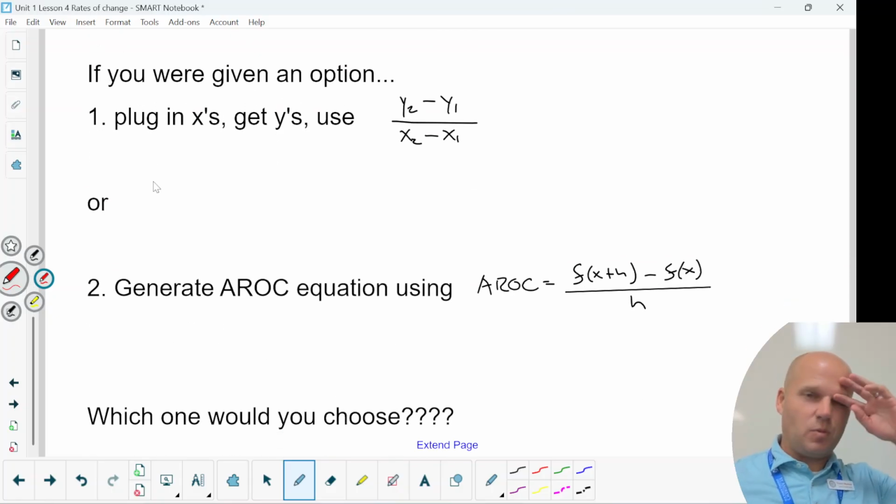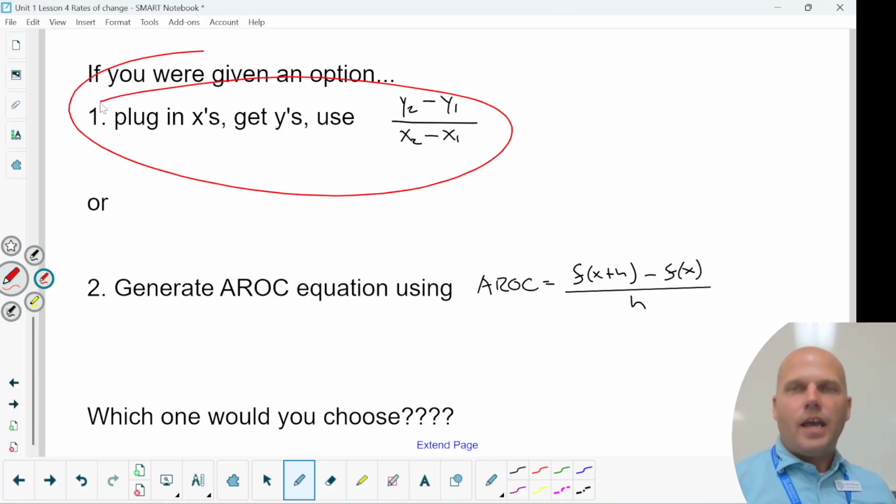If you were given an option to plug in x's and use your equation, or create a rate of change equation, which one would you choose? Ask everybody, and I hope you would say the first. And I would agree with you 1000% that sometimes getting a rate of change equation is not very helpful. It's cool, it's neat, but it seems like a lot of work, right?